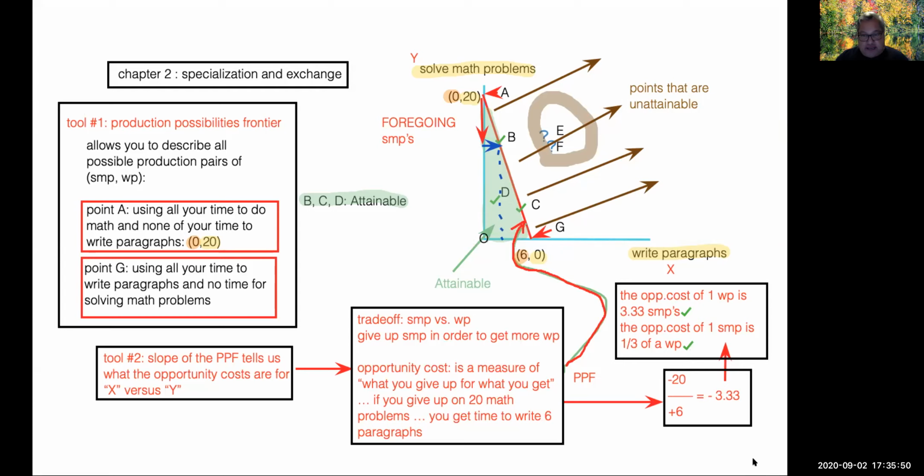It enables us to, A, graph or visualize the notion of scarcity so that we know what's attainable and what isn't. And in doing so, the borderline between what is attainable and what isn't provides us with an algebraic device that enables us to measure trade-off by measuring the rate of the slope of that trade-off as we go from one extreme, point A, to the other, point G.